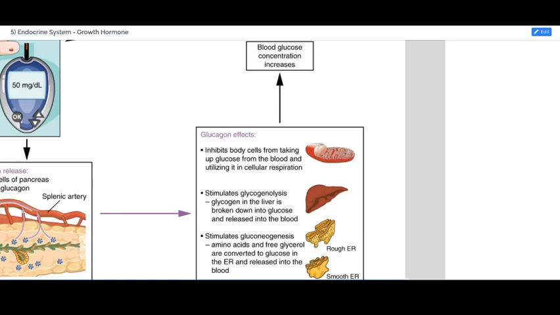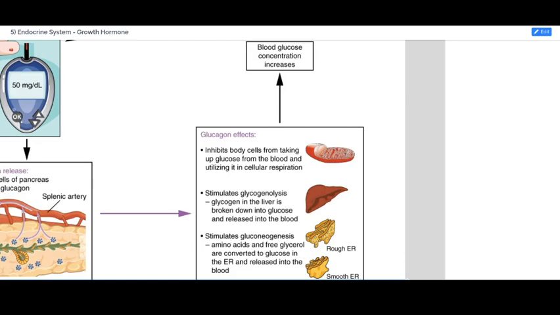The diabetogenic effect that was suggested for growth hormone a couple of slides back is the same as glucagon's effects. Now, diabetes is when blood glucose levels are high because insulin's not doing its job. The reason why blood glucose levels is high depends on the situation.